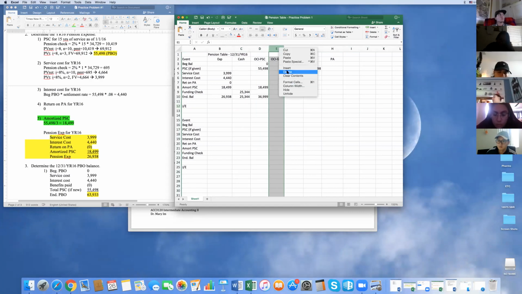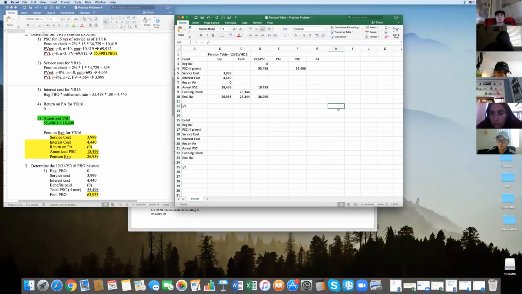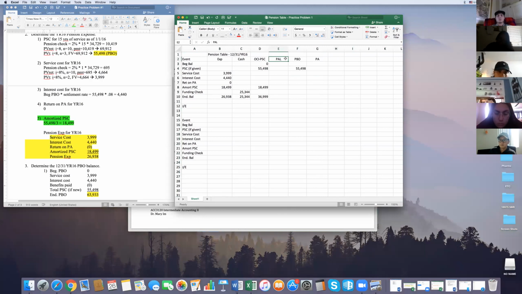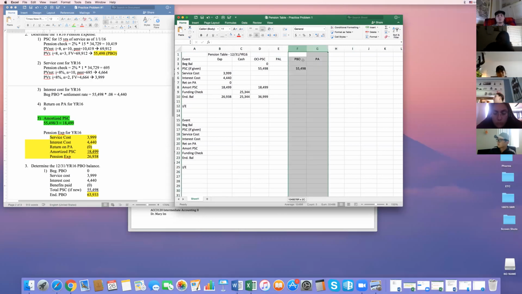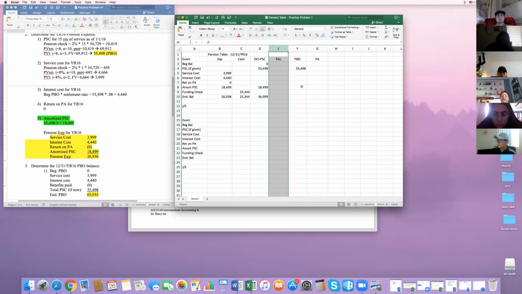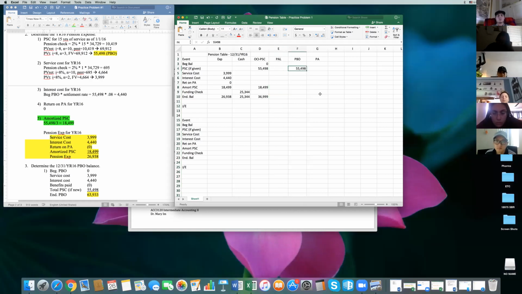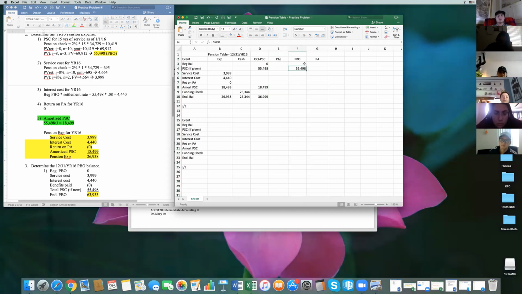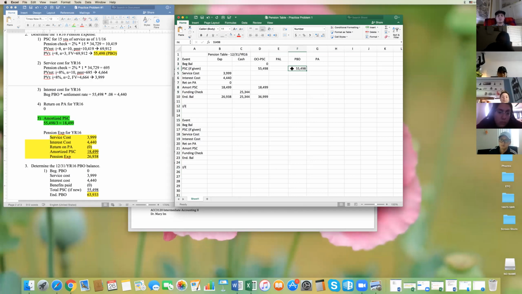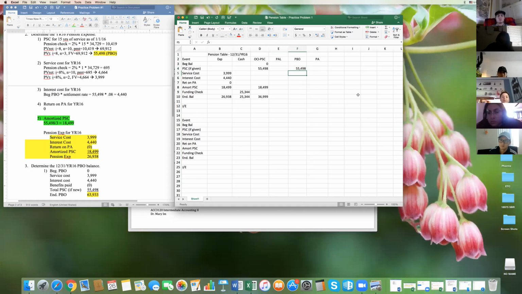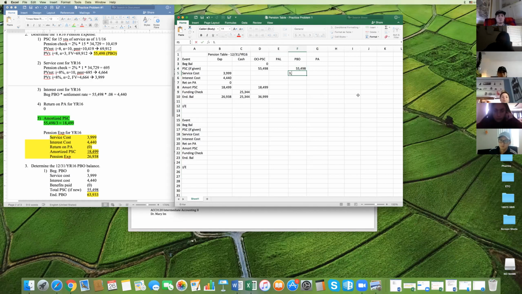Let me delete that. Now, this pension asset or liability can only be obtained after we work on the PBO and PA ending balances. So we'll come back to plan asset or liability. PBO with prior service cost, if it's new, increases by 55,498. Service cost also increases our PBO balance, therefore 3,999.